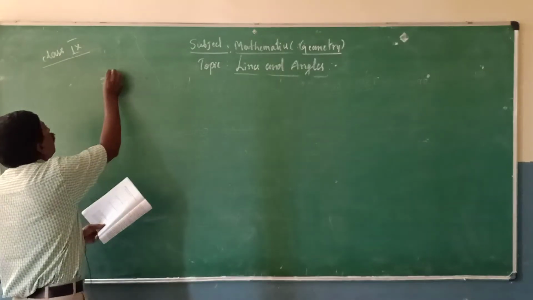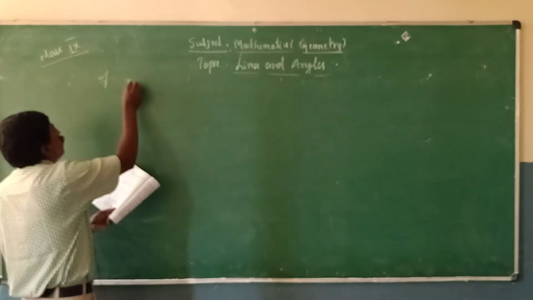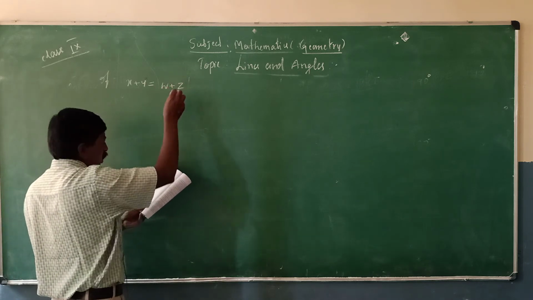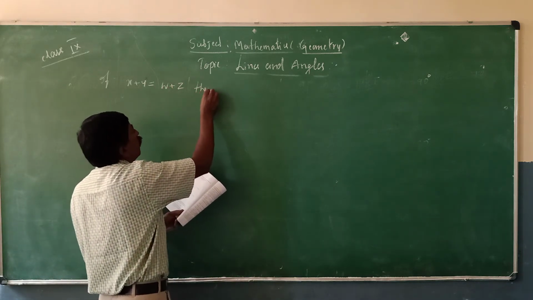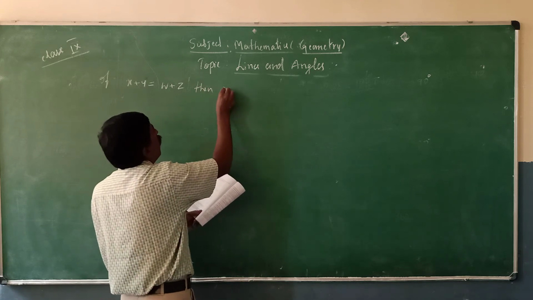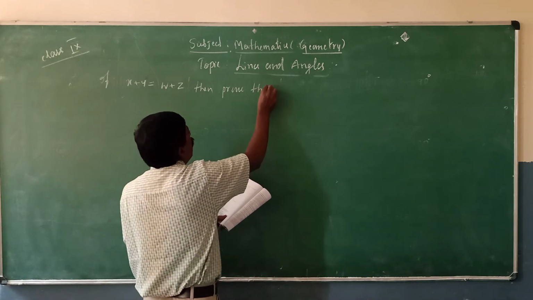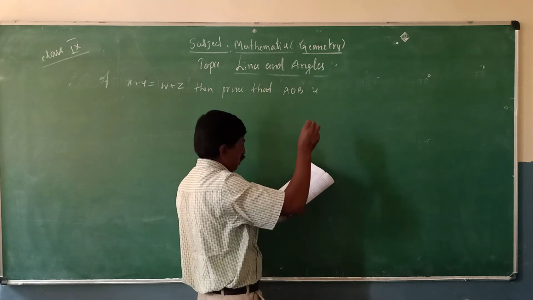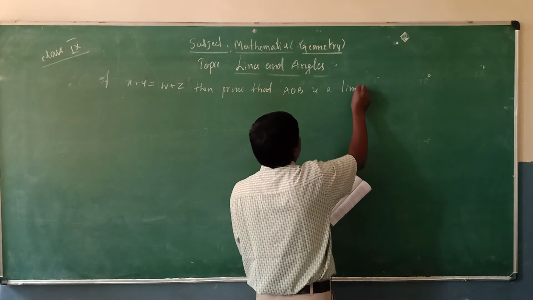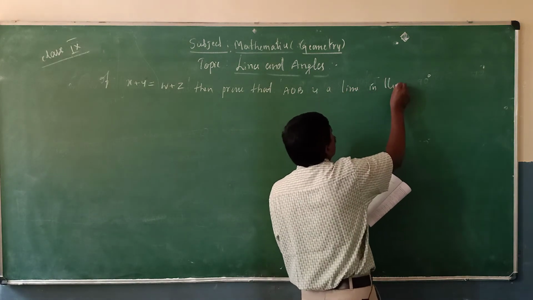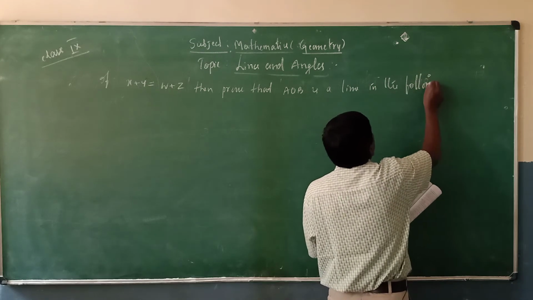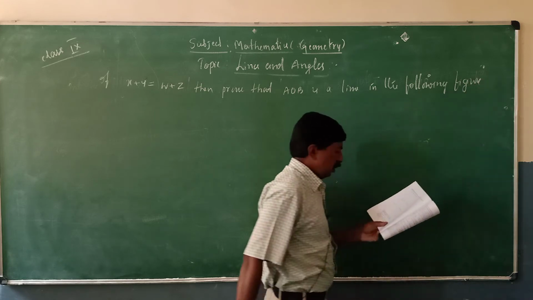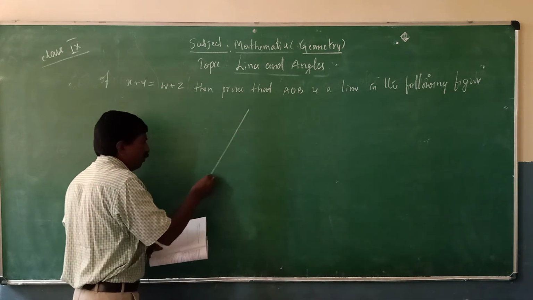If x plus y is equal to w plus z, then prove that AOB is a line in the following figure. Yes. So now write down that diagram.